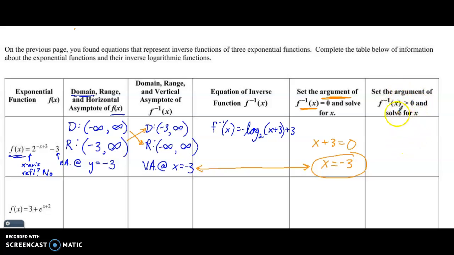And one more thing is that we can only log positives. That's why we're doing this. So if I set x plus 3, the argument, greater than 0, we get x is greater than negative 3. And why am I asking you to do that? That is the equation of the domain that we found earlier.